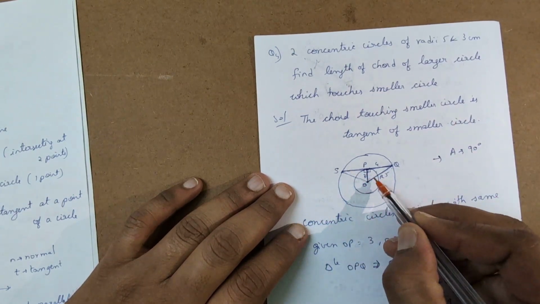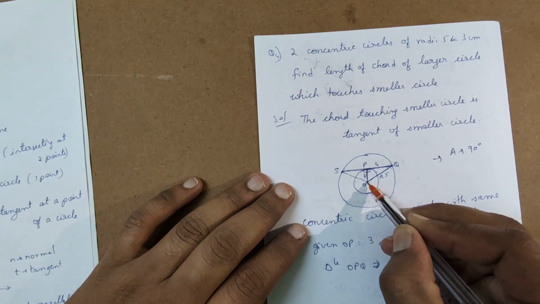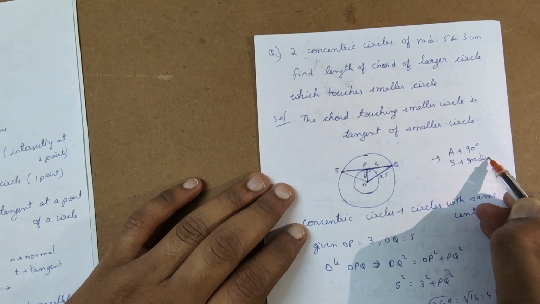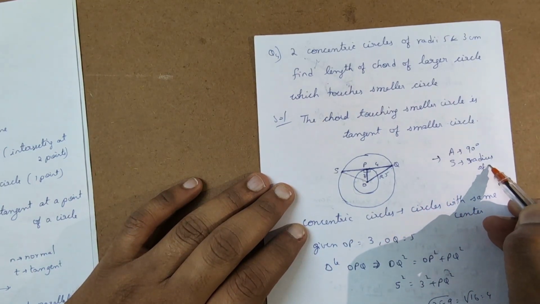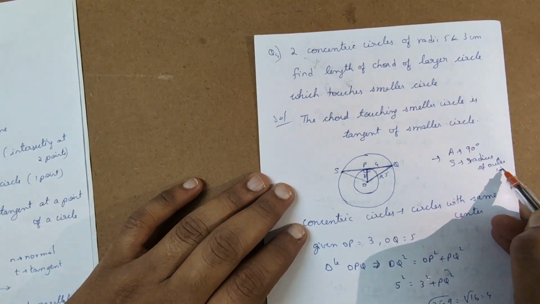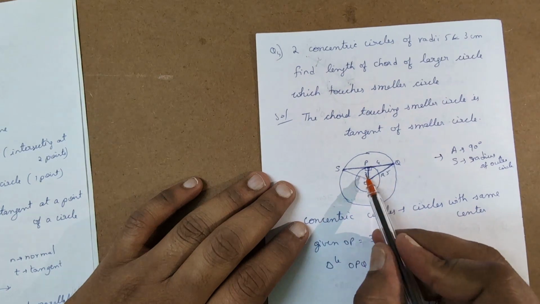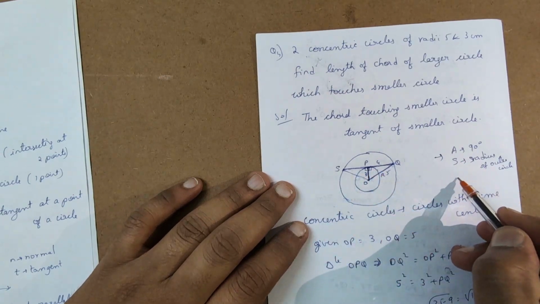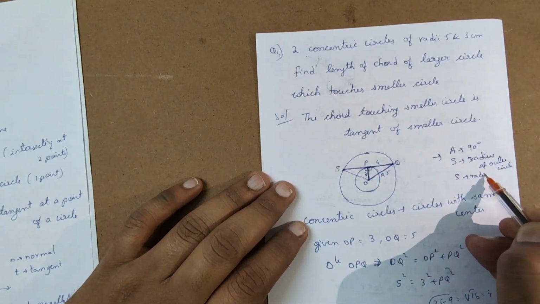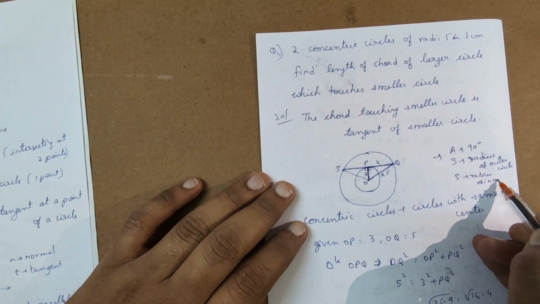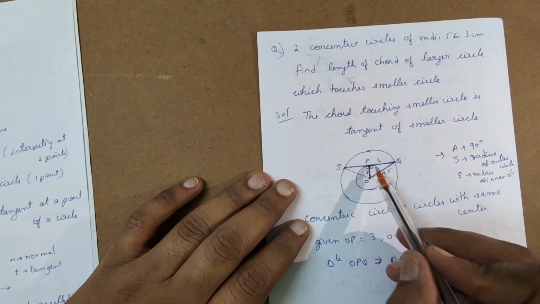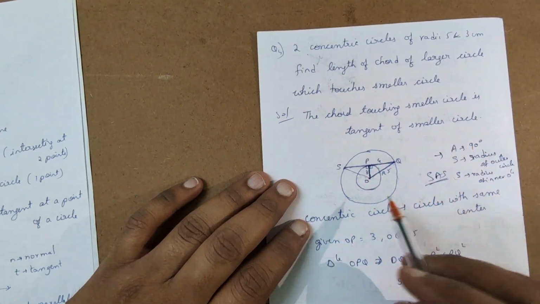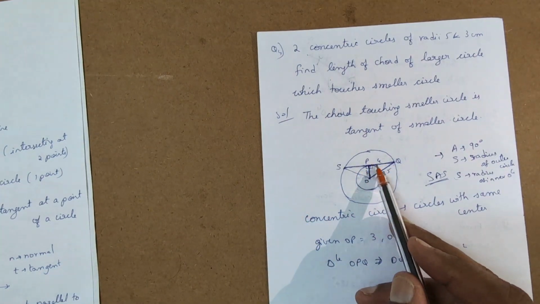Second, both triangles share a side, the radius of the outer circle, and the other side is the radius of the inner circle. So side and angle are considered here. As per SAS congruency, both triangles are congruent, so SP will be equal to PQ.